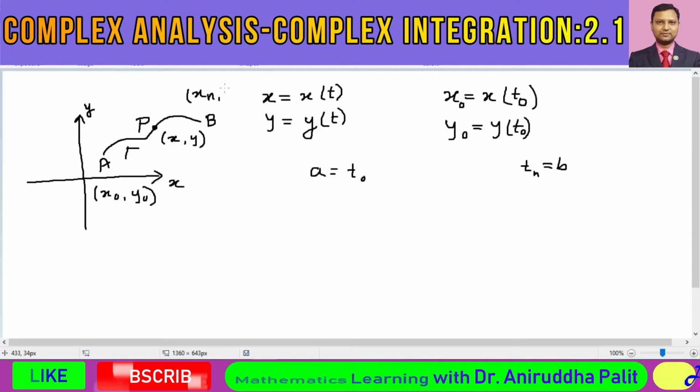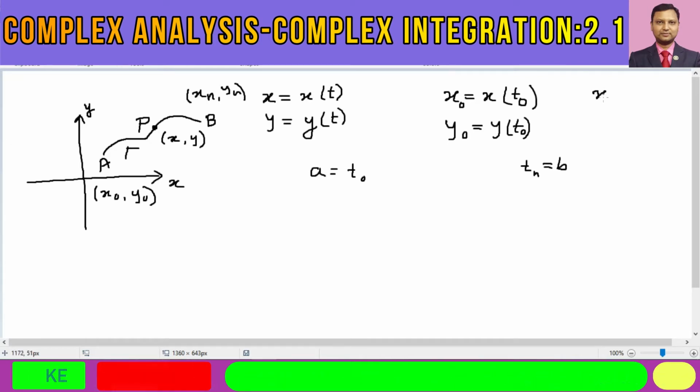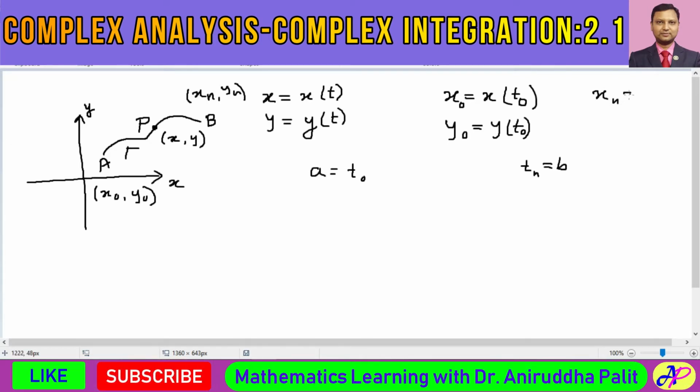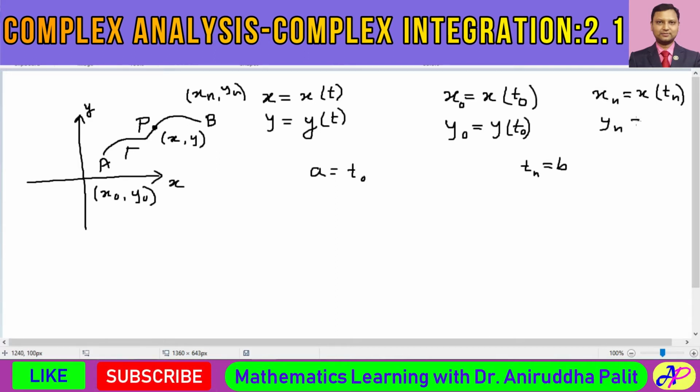Then xn is the value of the function x at the point tn, and yn is the value of the function y at the point tn.